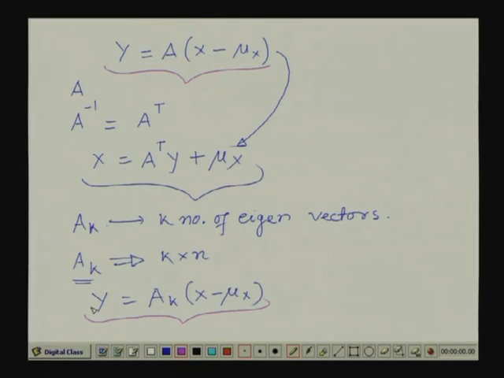Now, using these vectors of reduced dimension, if I try to reconstruct x, obviously the reconstruction will not be perfect, but what I will get is an approximate value of x.